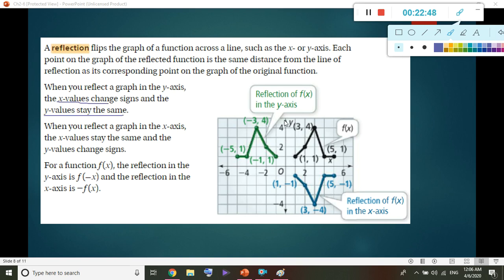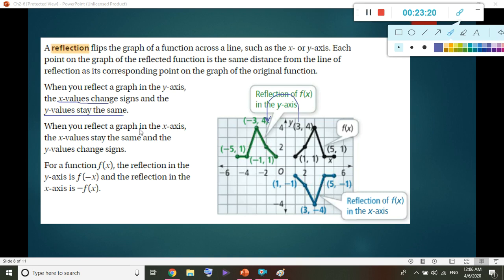So for example here, when you're reflecting about the y-axis, we're having this, right? So here, the y values stay the same as 1 and 4 and 1. Only the x values are going to change. Here these are positive x values. When you move or reflect it about the y-axis, the x values change signs.